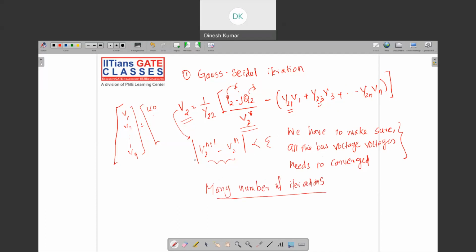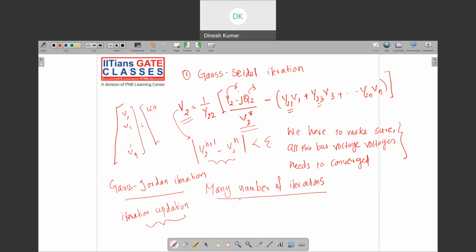Similar to Gauss-Seidel, we can also use a method known as Gauss-Jordan iteration. Both are actually similar. The main difference between Gauss-Seidel and Gauss-Jordan is the updating in the next iteration.